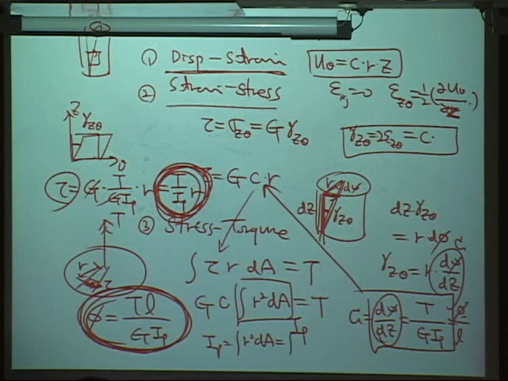Well, dA is simply R times dr times d theta, so R cubed integrates to R to the fourth over 4, and theta integrates over 2 pi. So simply pi over 2 times R to the fourth.